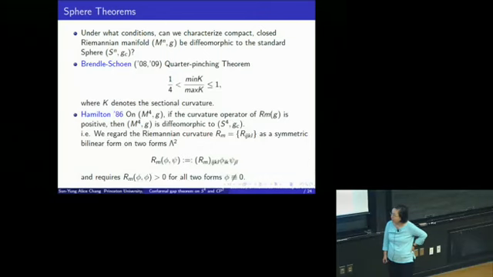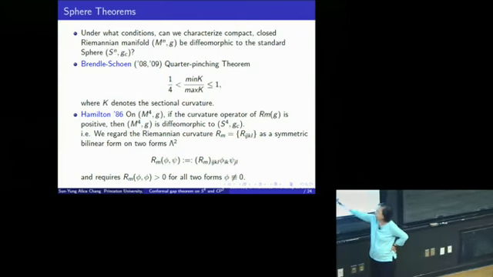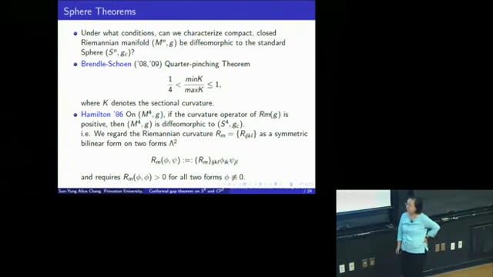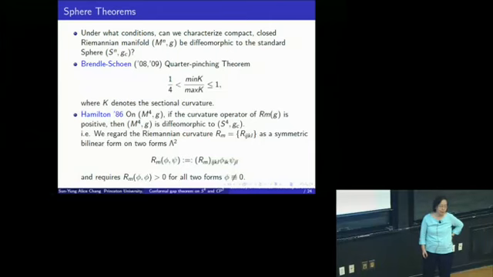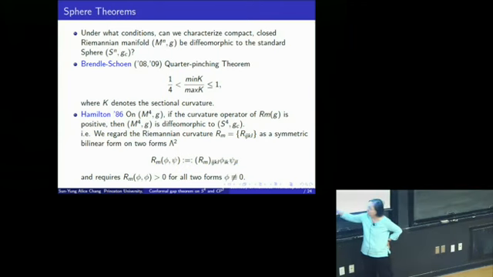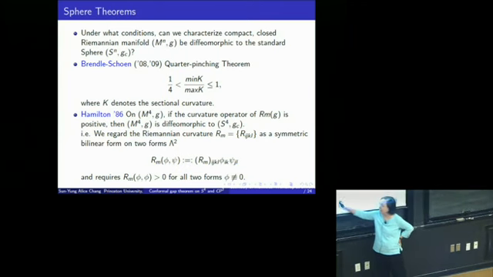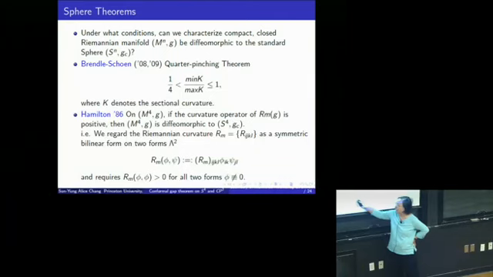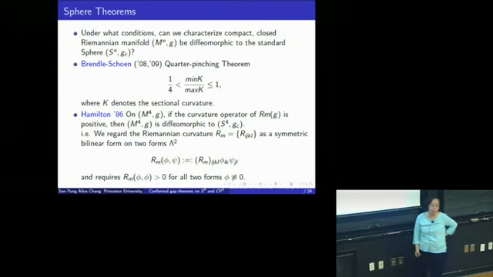There's this result of Hamilton, 1986, where he says that if the curvature operator, the curvature R_ijkl, is positive, where the curvature operator is considered to be a bilinear operator on 2-forms, defined on 2-forms phi, psi as R_ijkl phi_ik psi_jl, positive for all phi, psi.